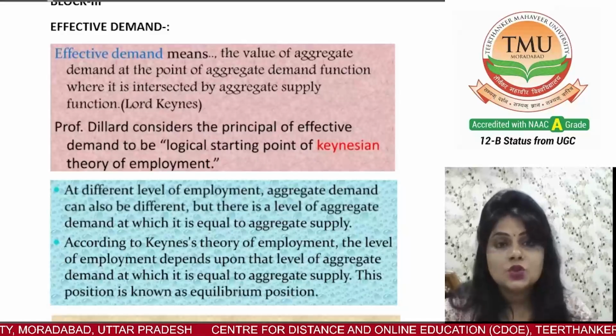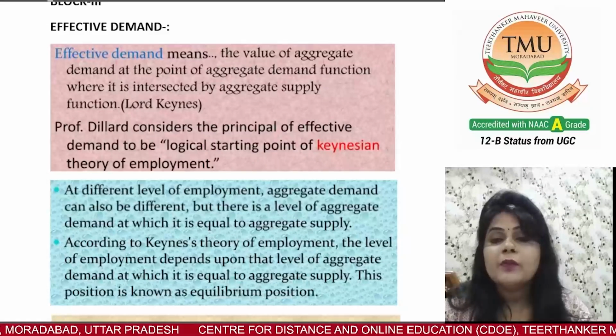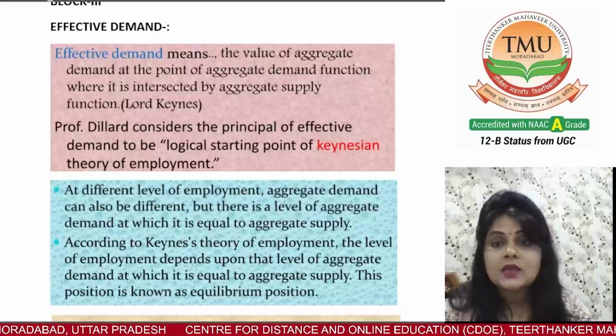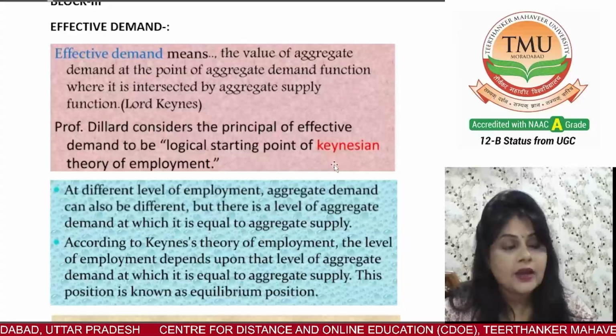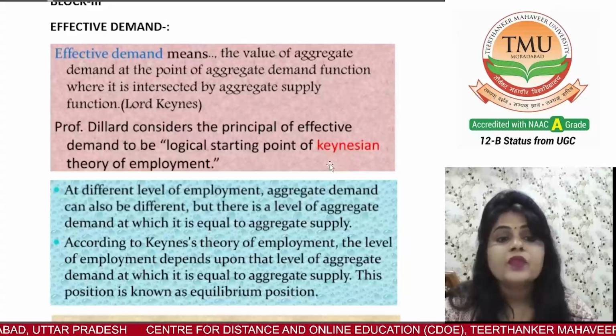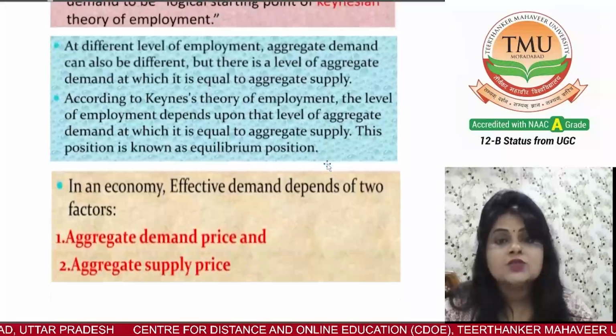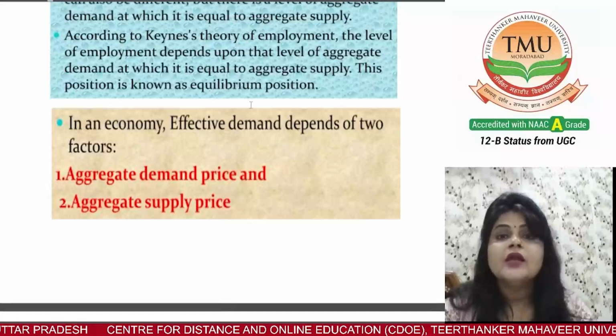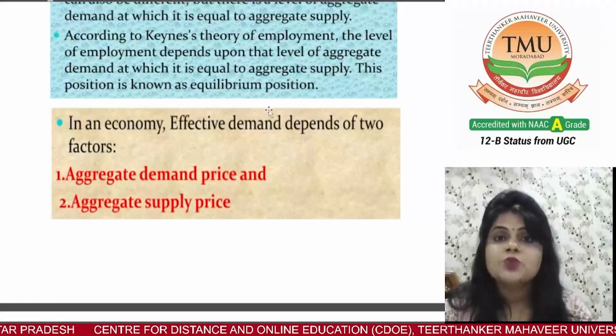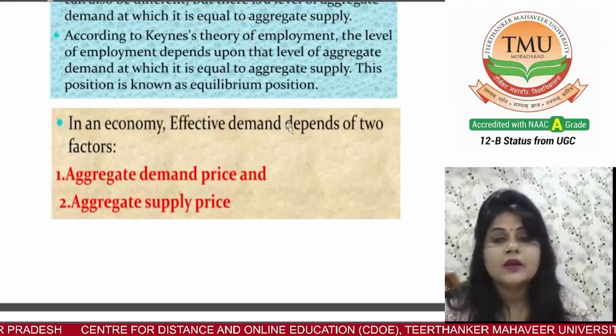This position is known as the equilibrium point. Where aggregate demand and aggregate supply intersect each other, this point is called the equilibrium position, and this point is called effective demand.